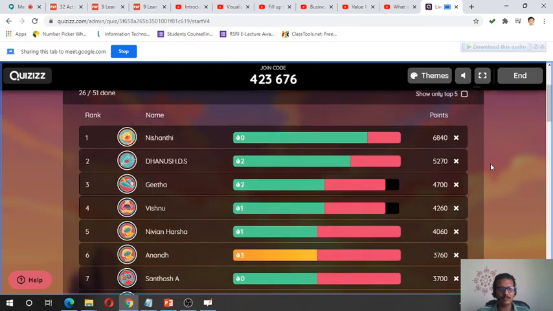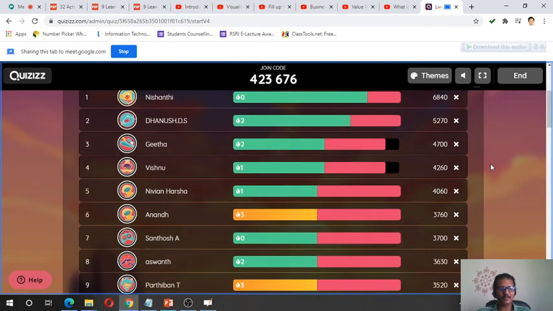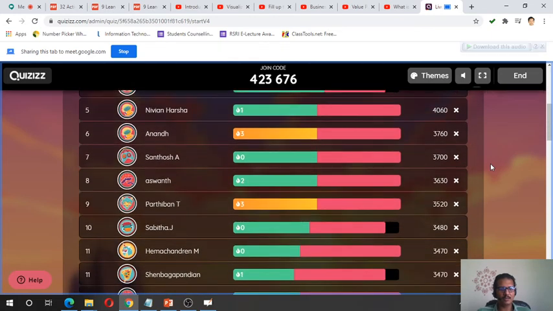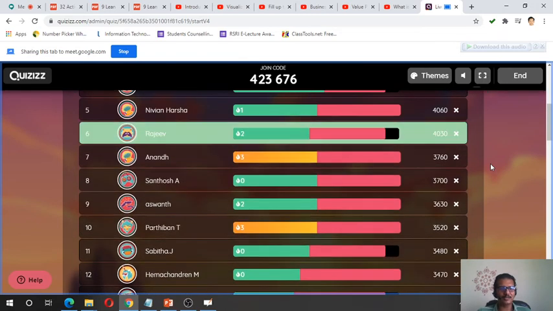First place Nishanti, second place is Dhanush, third place is Geeta, fourth place is Vishnu, both have not completed till now. Fifth place is held by Arsha, sixth place is Anand, seventh place is Sandosh, eighth place is Ashwant.